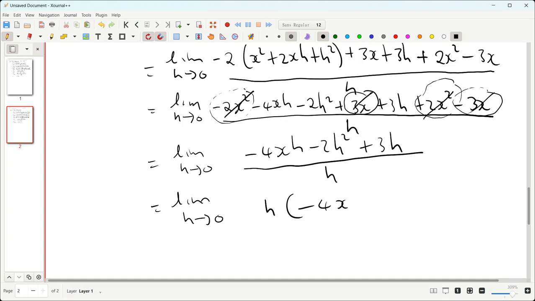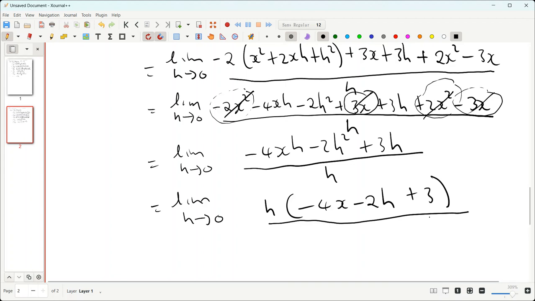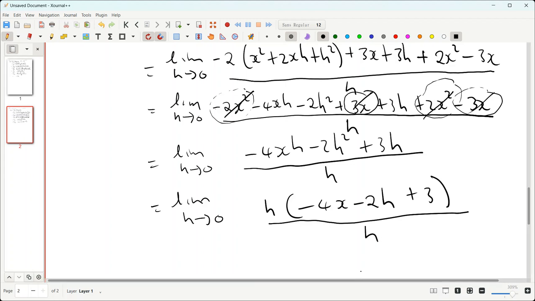The next one will have minus 2h, and then the other one will have just 3 when we take out h. So we need to divide by h all the time. We can clearly see that the h can cancel there.